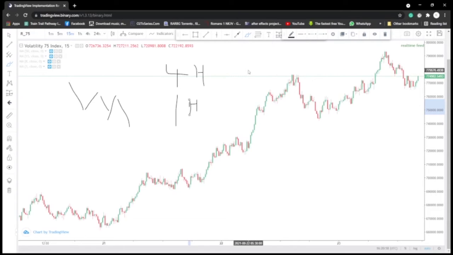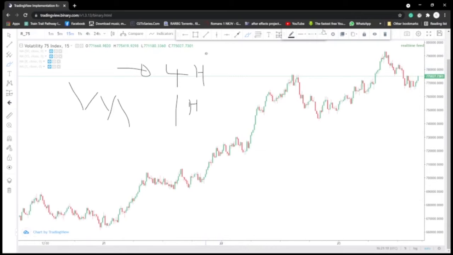So if you're basing this strategy on a 1 hour, you need to have a confluence of a 4 hour time frame.